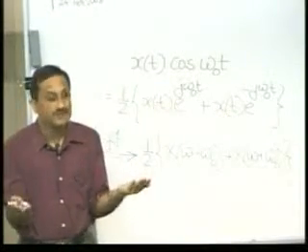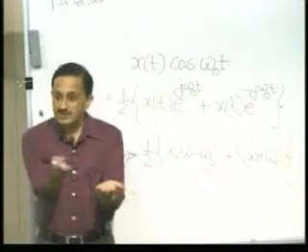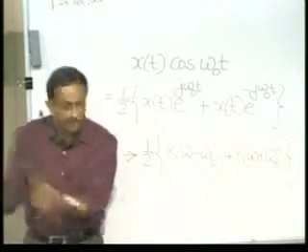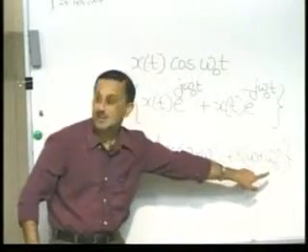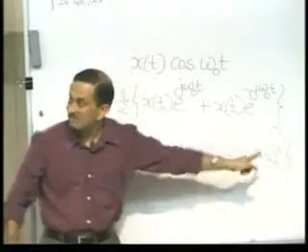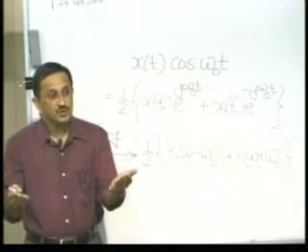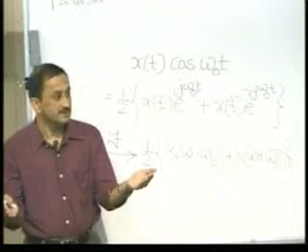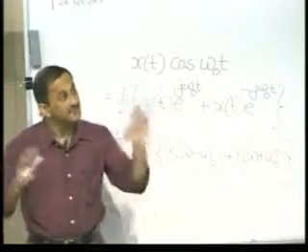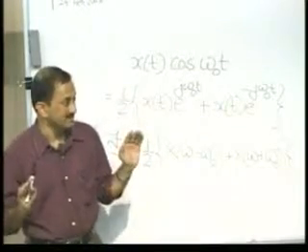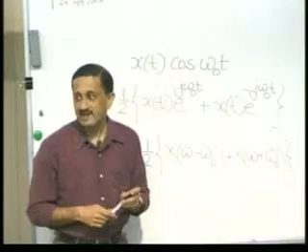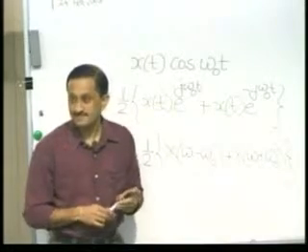You're shifting the original spectrum forward by omega naught and backward by omega naught and adding up the two spectra. And this is done because you want to transmit the original X(omega) in a frequency range different from the original frequency range. Is that clear? Any other questions on why we do this?